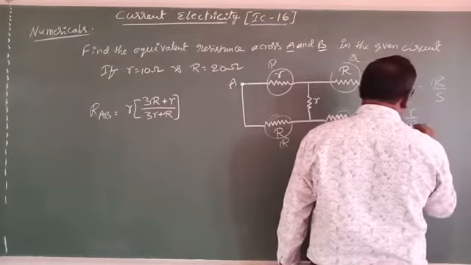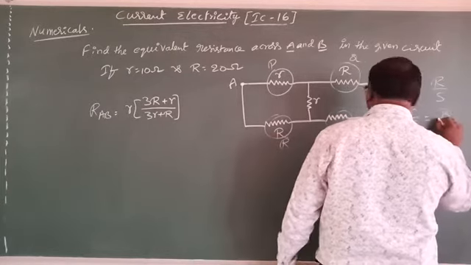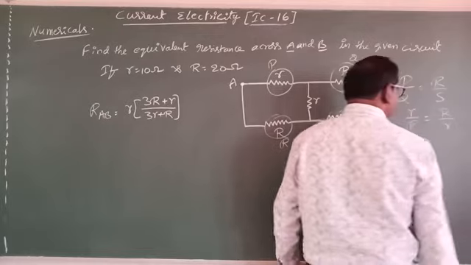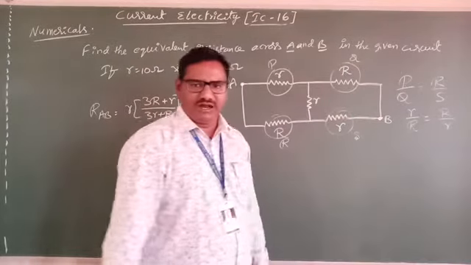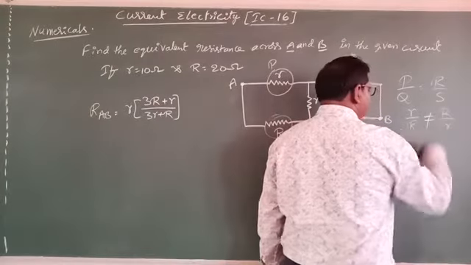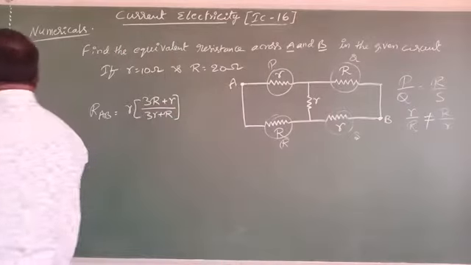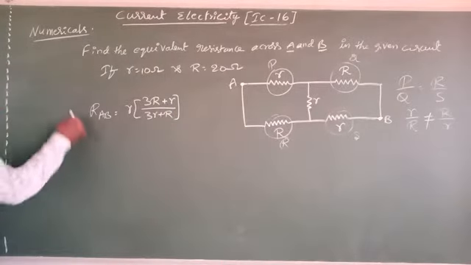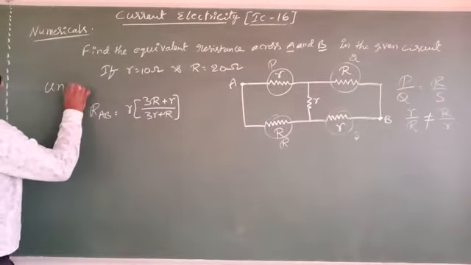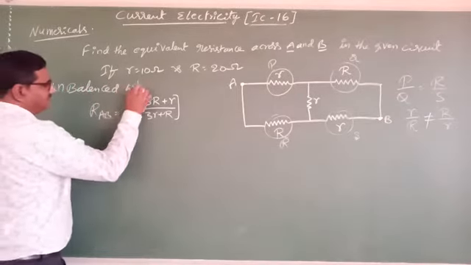Small r by capital R equals capital R by small r. Are both ratios equal? No way. Okay, it is not equal. When it is not equal, what can you say? This bridge is an unbalanced Wheatstone bridge.